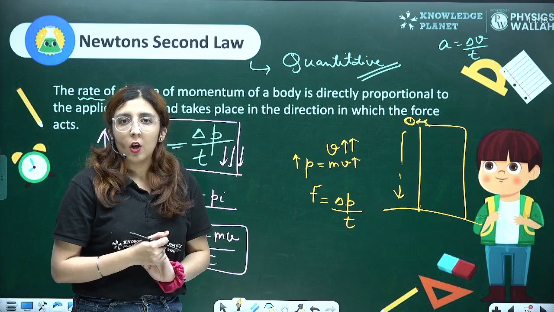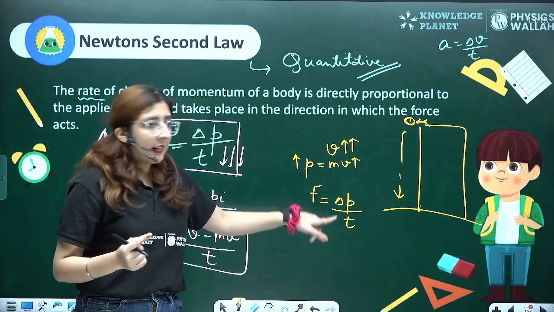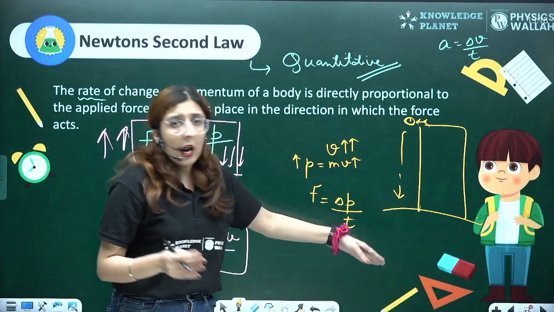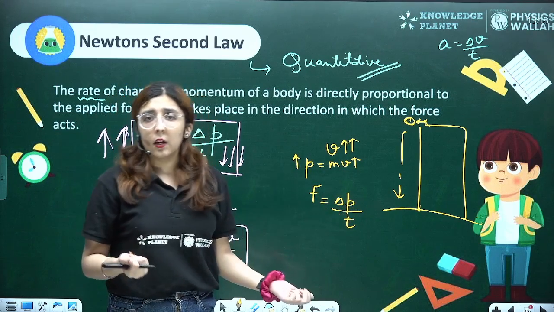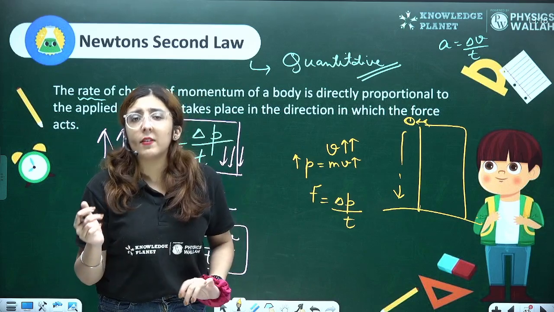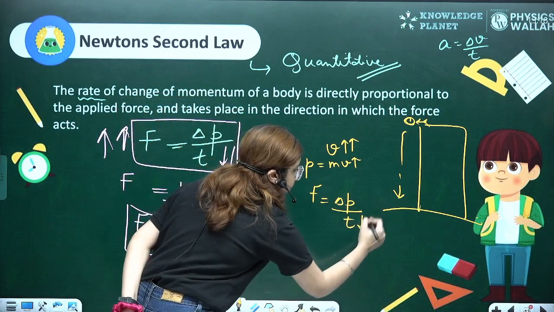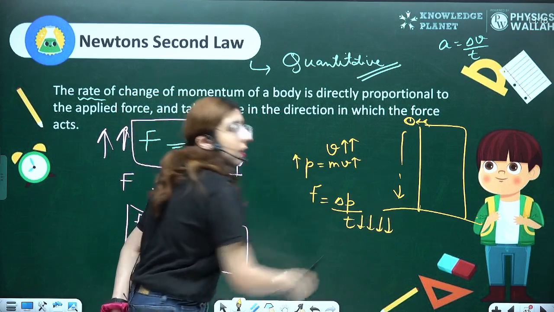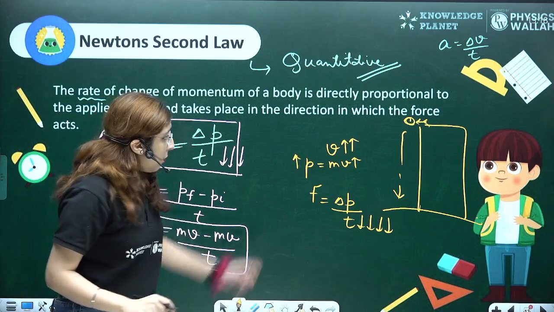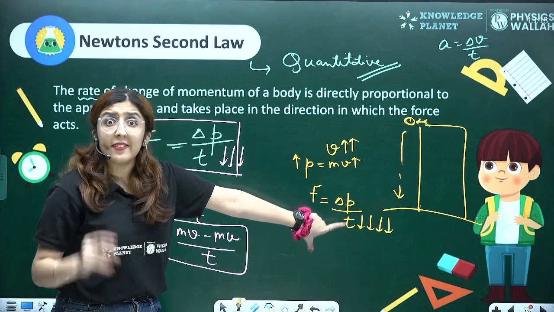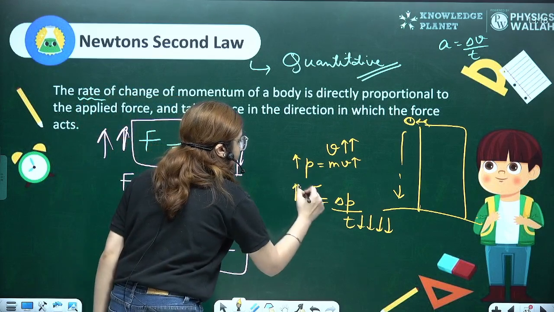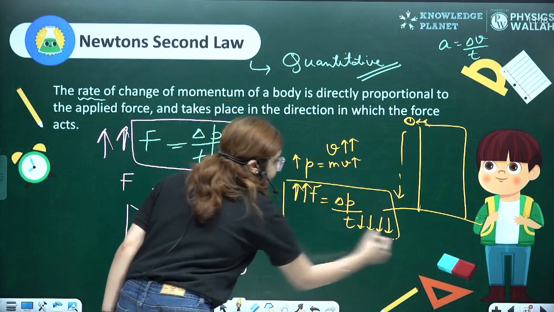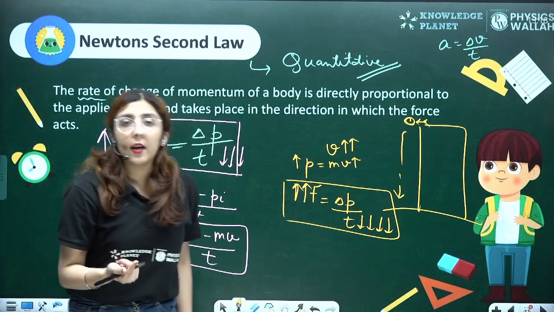It is coming and hitting the ground, and its velocity is becoming zero very quickly, like in 0.001 seconds. As the time is very, very less, and the momentum change takes place in such a very small amount of time, the force acting on it is more. This is why a person dies.